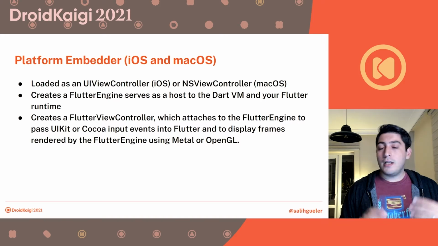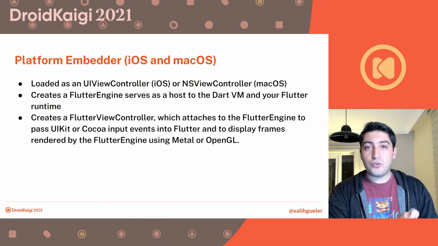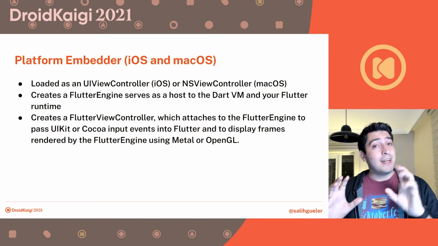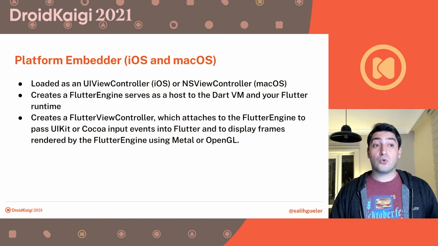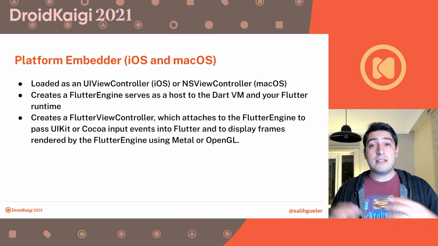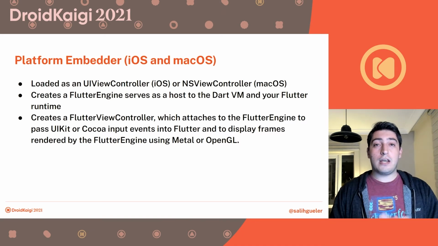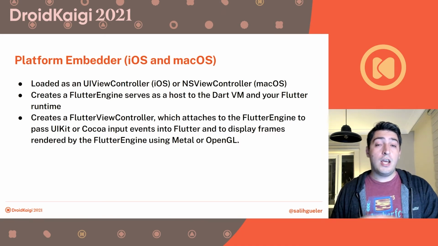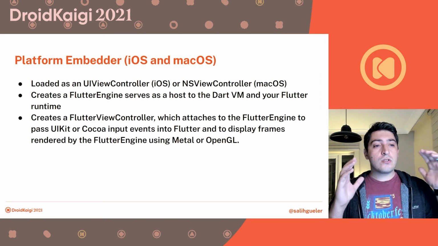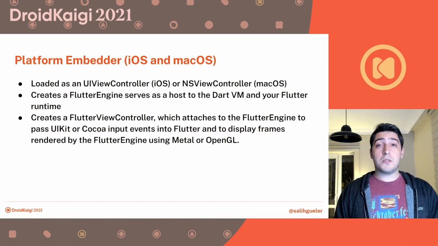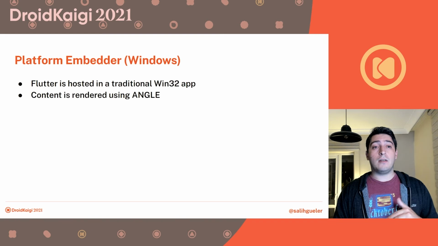For iOS, it is using either UIViewController for iOS or NSViewController for macOS. Inside each of the controllers, it also creates a Flutter Engine and connects itself to the Dart virtual machine. And FlutterViewController attaches this Flutter Engine into UIKit or Cocoa, so you can actually display frames rendered by the Flutter Engine by using either Metal or OpenGL.